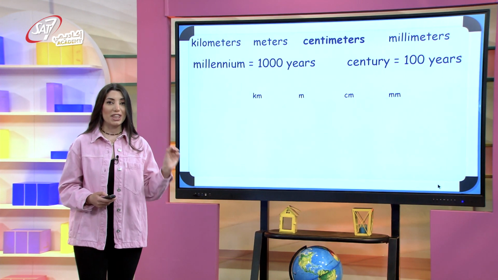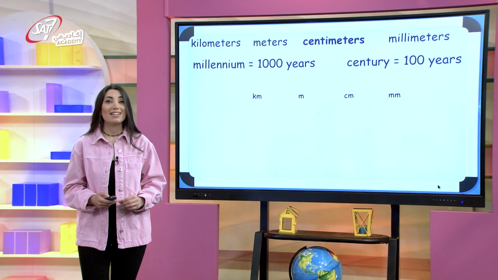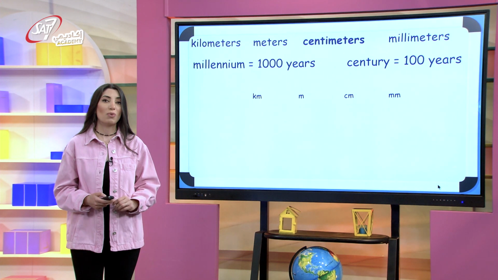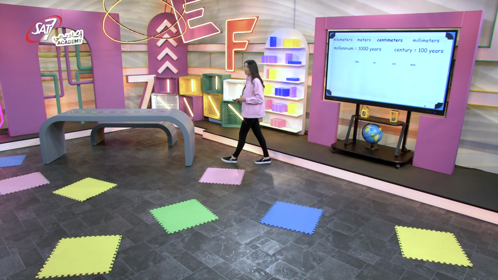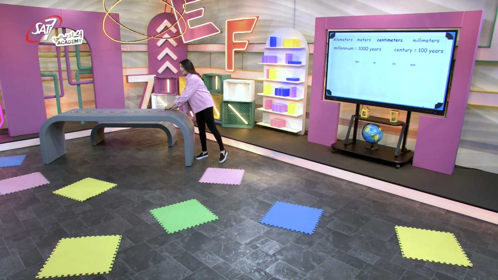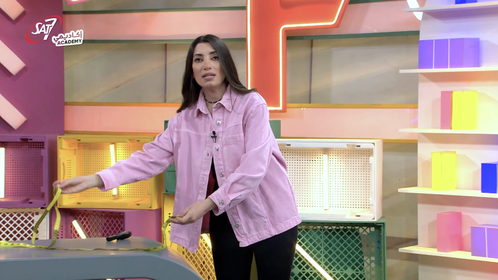Millimeters is 1,000 times smaller than meter, and centimeters is 100 times smaller than a meter. According to the measuring tape, 1 meter is also 100 centimeters. This is 1 meter. So every meter equals 100 centimeters.